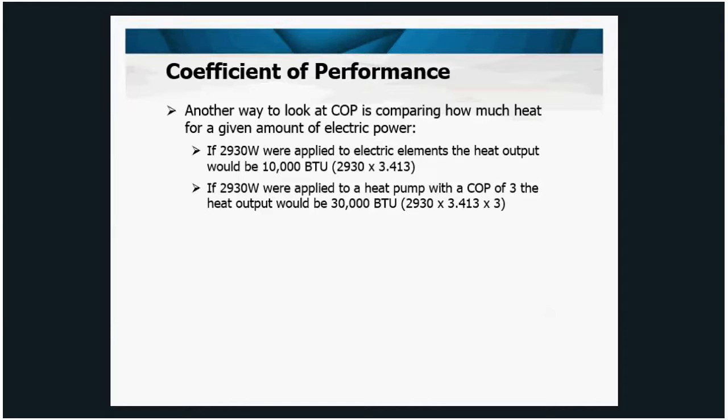It would be 2,930 times 3.413 times 3. So if you want to look at it like this, a heat pump with a COP of 3 is 3 times as efficient as a straight electric heat, or you could say 300% efficient compared to straight electric heat.